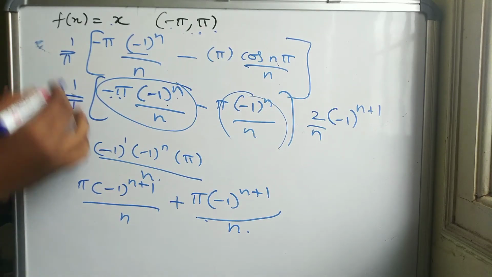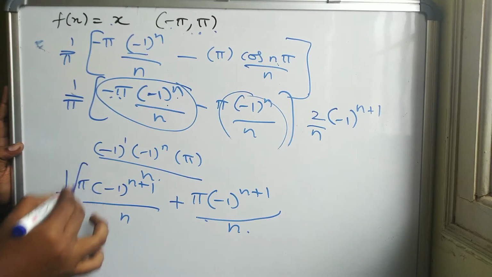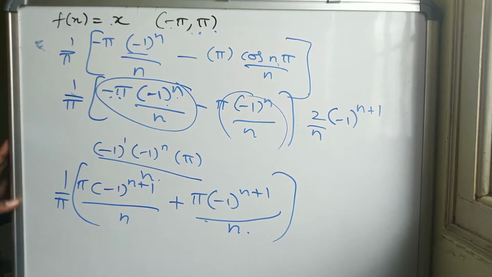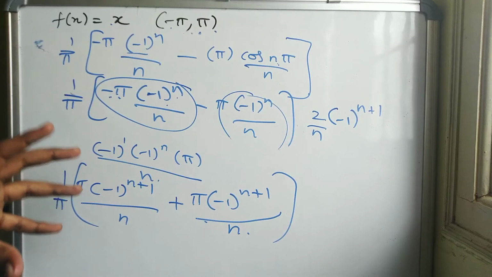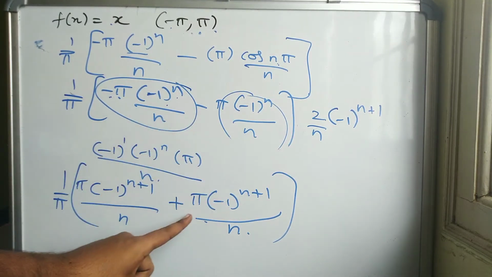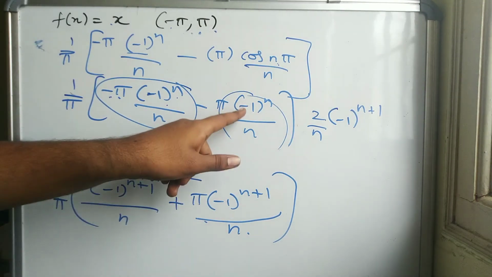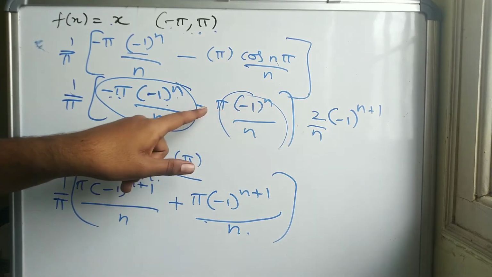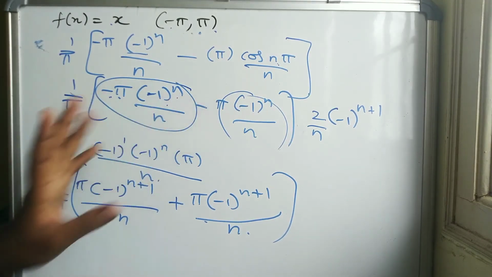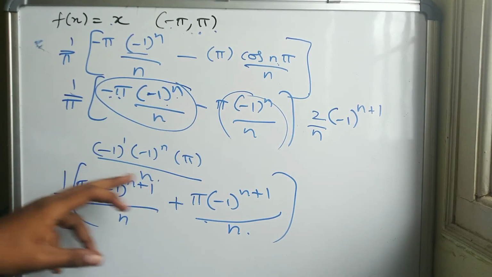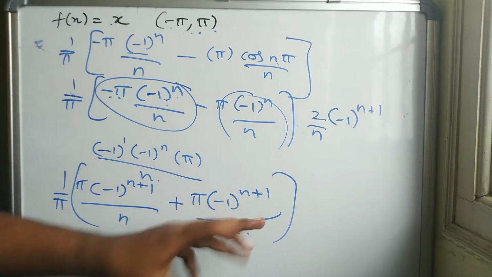Fine. Here 1 by pi is there, don't forget that. Now you have to observe how this becomes plus: minus 1 raised to n, and this minus is there, so I consider it as minus 1, the same case, so this becomes plus.